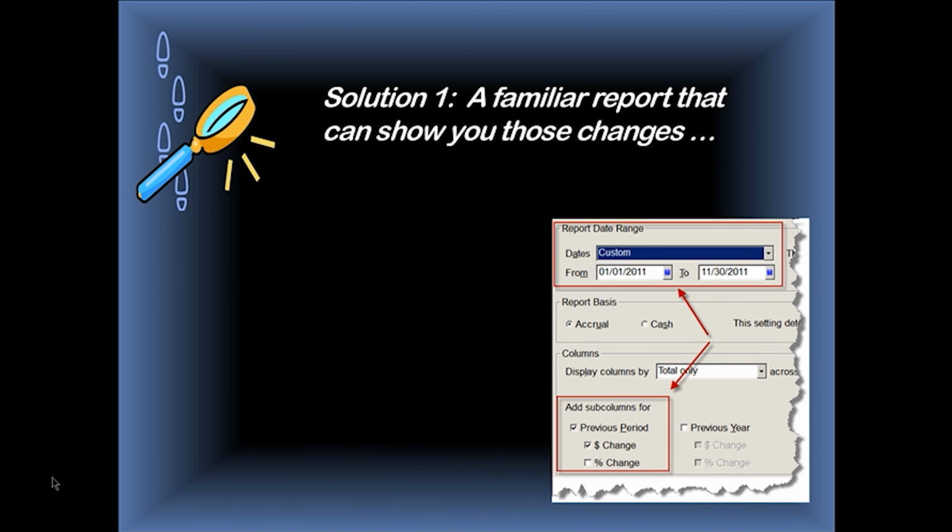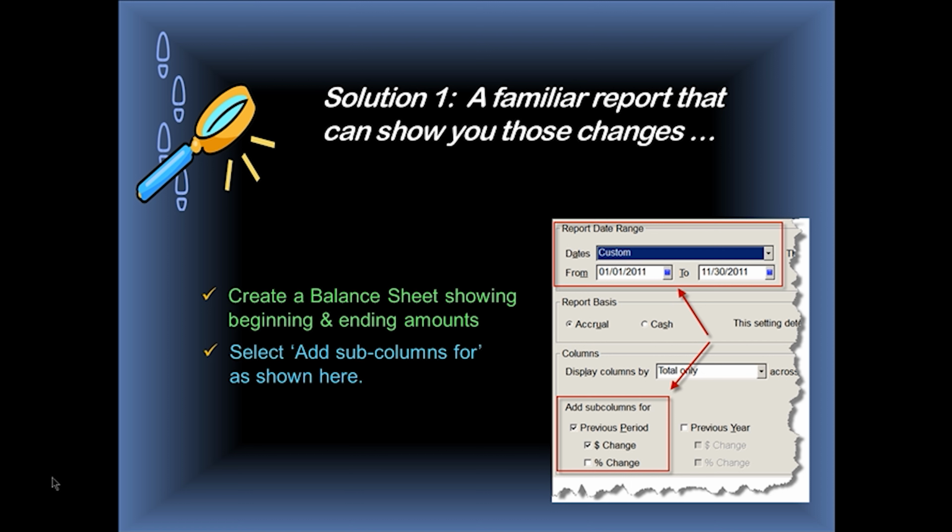One solution is to actually use a familiar report that can show you those changes. So that familiar report is a balance sheet, but we're going to do something special to it. We're going to show beginning and ending amounts, and we're going to add sub-columns, as you see over here on the right-hand side of the screen, for the previous period and the dollar change.